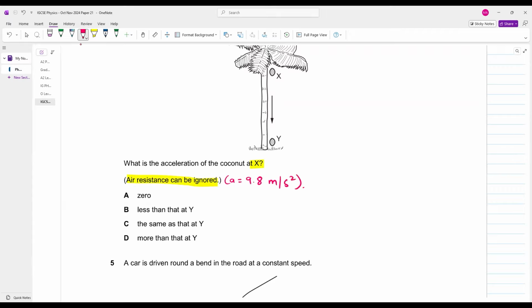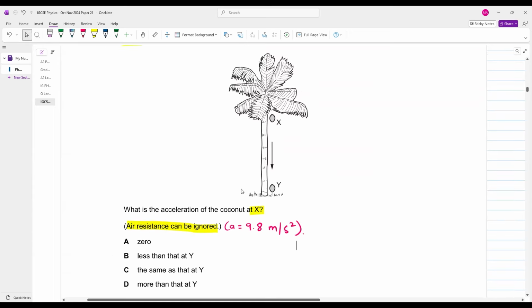9.81 meters per second square. Whenever air resistance can be ignored, what is the value of your acceleration throughout the journey? 9.81 meters per second square. You can write this as a key point as well.